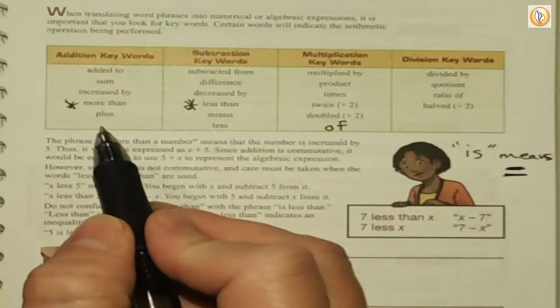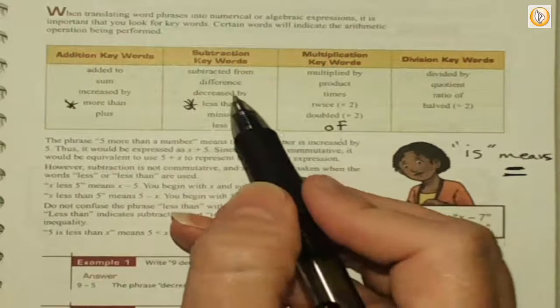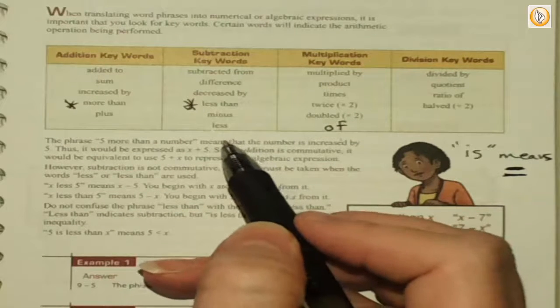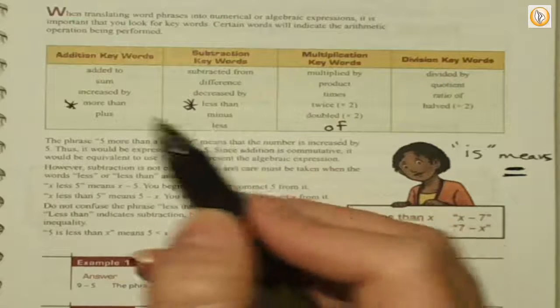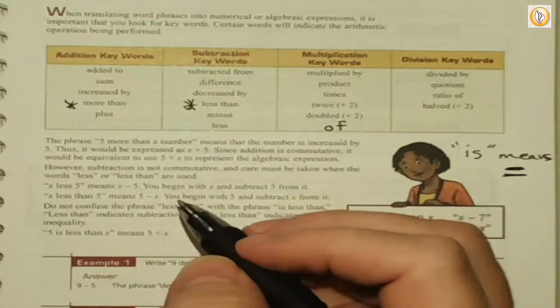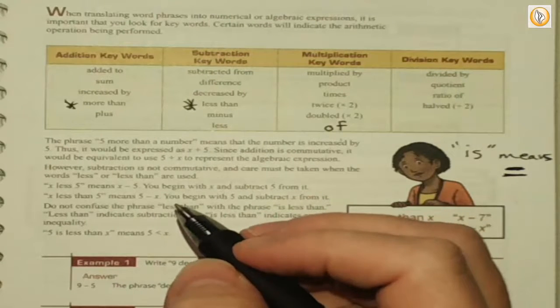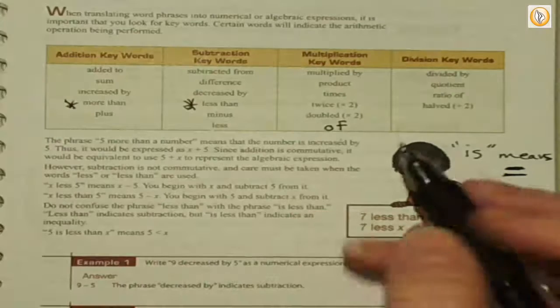There's no problem with plus or sum or increase by, added to, subtracted from, y'all know these. It's exactly what it says. You're subtracting, you're adding. But more than and less than, there are special rules with those words. Very special rules, and they're called my red flag rules.